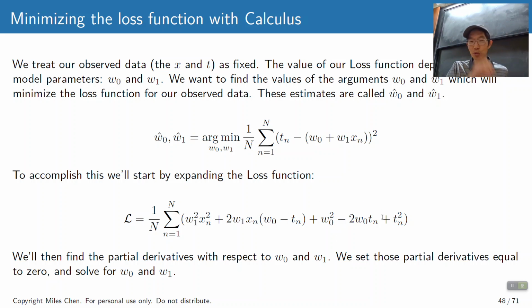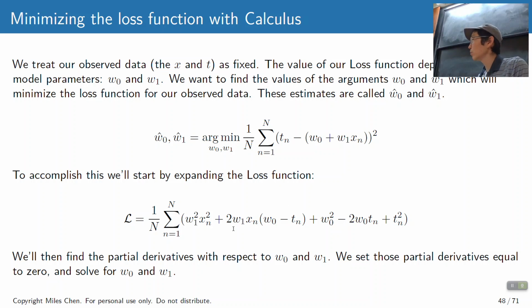Argmin is basically saying find the values for these two arguments, w0 and w1, that will minimize this quantity over here. So let's expand out this loss function, t minus w0 plus w1 xn, squared, and when I expand this out, this is what we get.